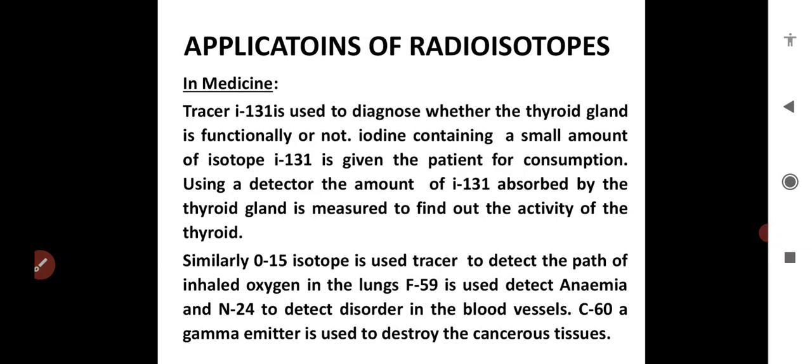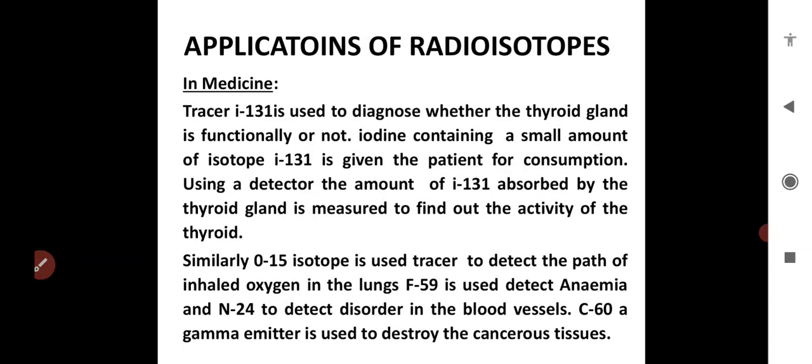Here the iodine containing a small amount of isotope iodine 131 is given to the patient for consumption. Using a detector, the amount of iodine 131 absorbed by the thyroid gland is measured to find out the activity of the thyroid gland.